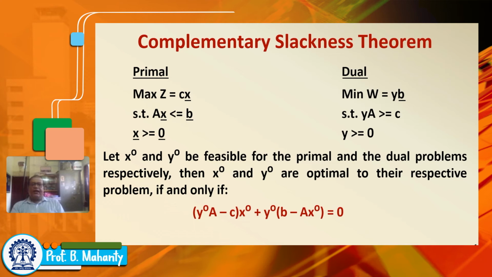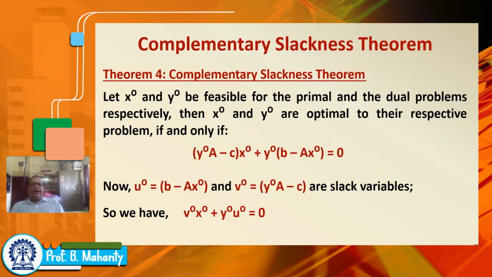But let us call it slack in a uniform manner. So in this case, b minus ax0 is our primal slack and y0a minus c is the dual slack, isn't it? So the complementary slackness theorem can be expressed in this manner.